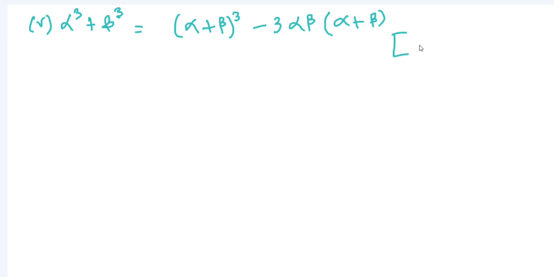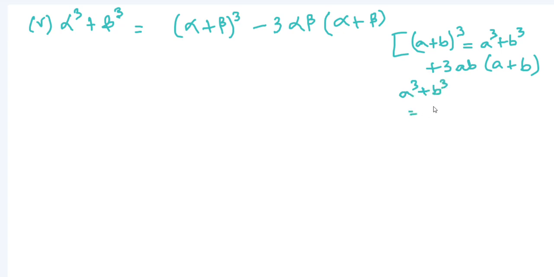That is a plus b whole cube equal to a cube plus b cube plus 3ab into a plus b, right? So if we switch the positions, then a cube plus b cube will be equal to a plus b whole cube minus 3ab into a plus b, isn't it? So we have just applied that same.